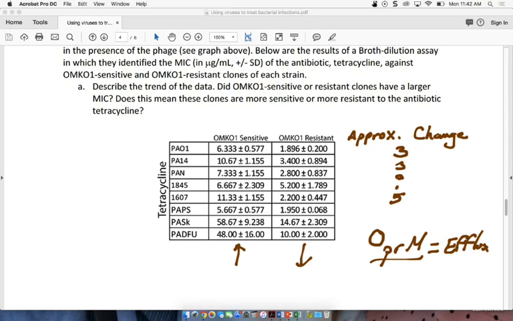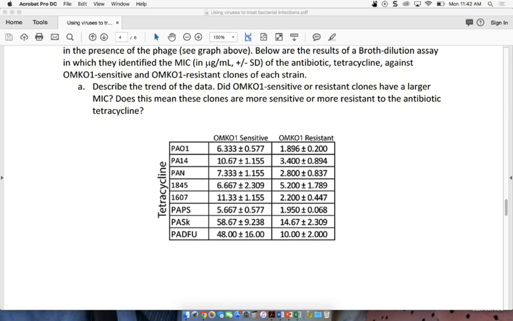This idea right here is what some call evolutionary trade-off. The idea behind evolutionary trade-off is that an organism can show an advantage in one of two conditions, but not both at the same time.